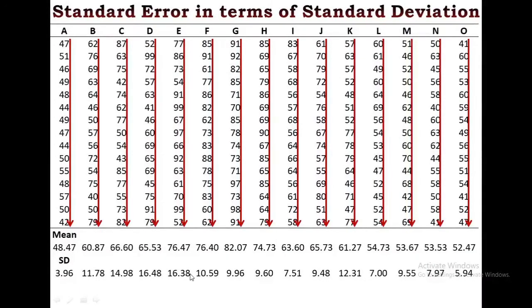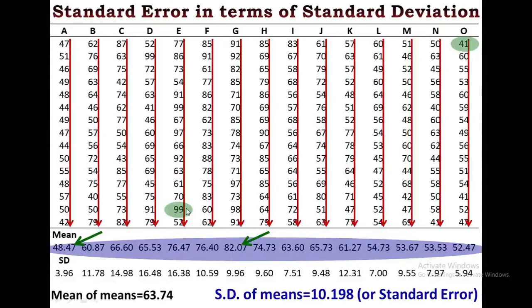Here we can see that the spread of the means, which is 48.47 to 82.07, is comparatively less than the spread of individual values, which is 41 to 99. And if we use all these means to calculate the mean of means and the standard deviation of means, this standard deviation of means will be known as standard error.